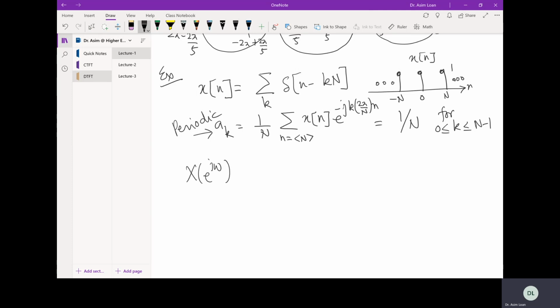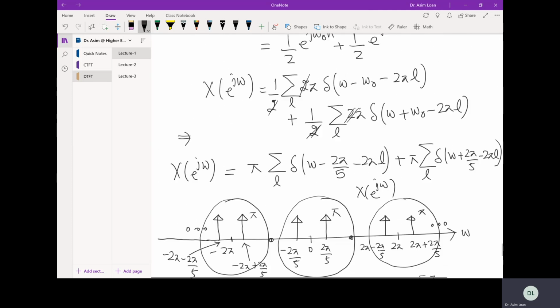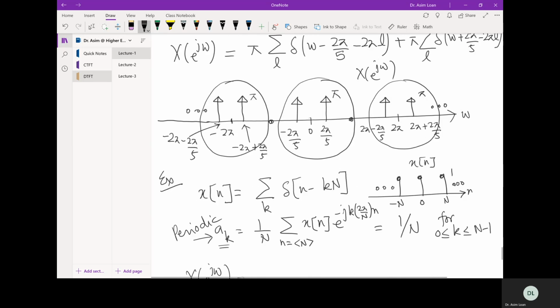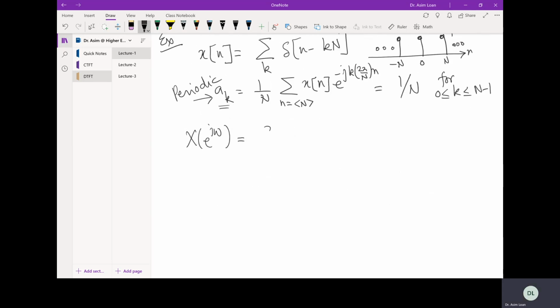X of e^{j omega} is simply 2 pi a_k, so 2 pi over N times the sum for k equals minus infinity to plus infinity of delta of omega minus 2 pi by N k, which is exactly the same as for the continuous time Fourier transform.